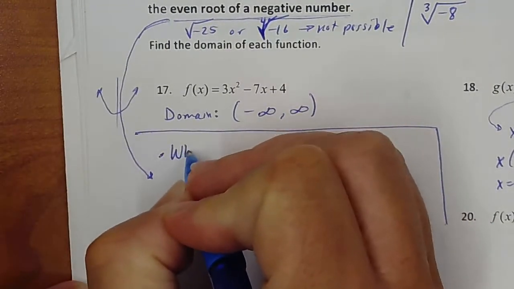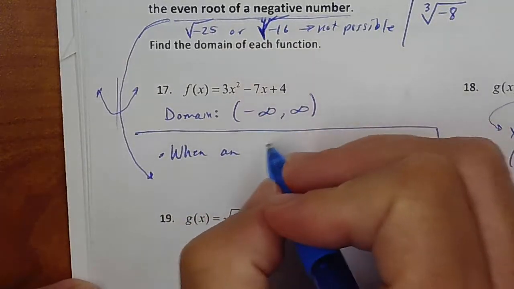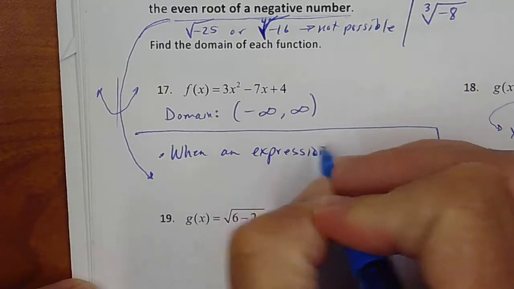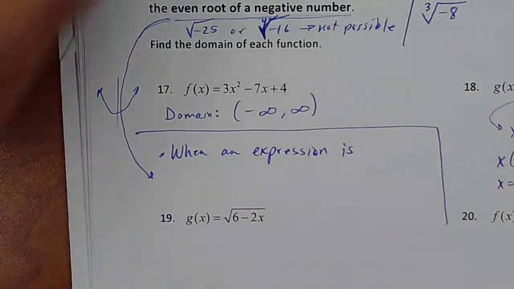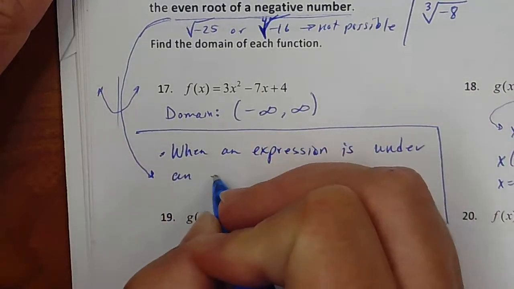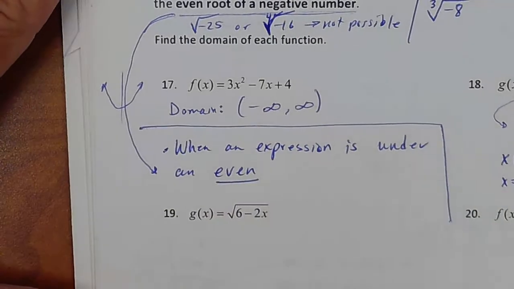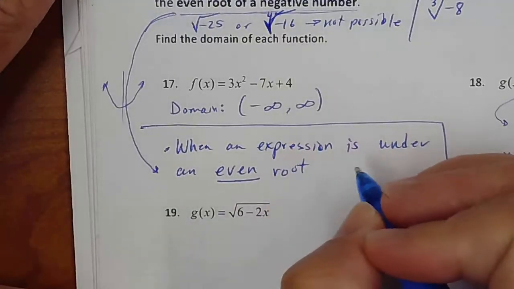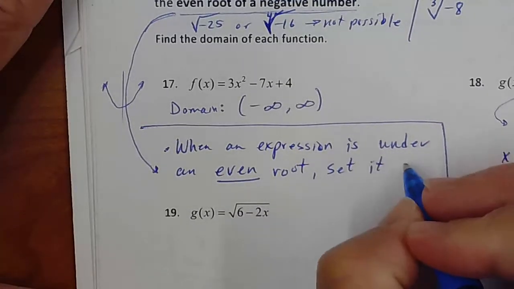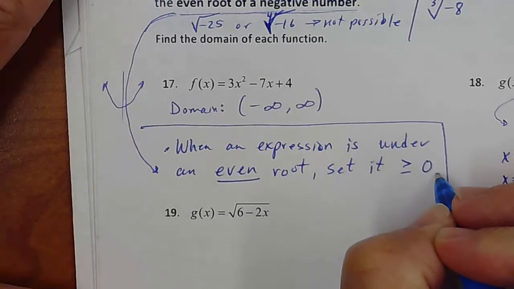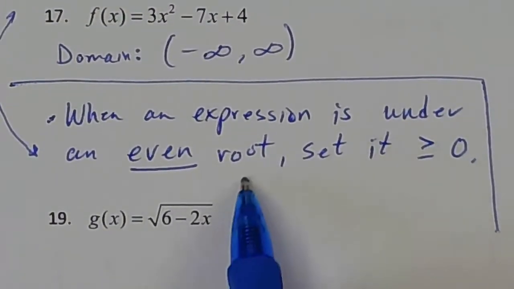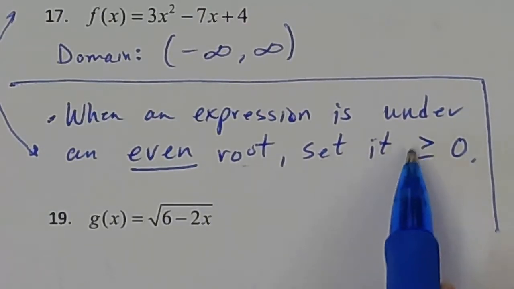All right, so when an expression is under an even root, not an odd root, an even root, set it greater than or equal to 0. When an expression is under an even root or even radical, set it greater than or equal to 0.